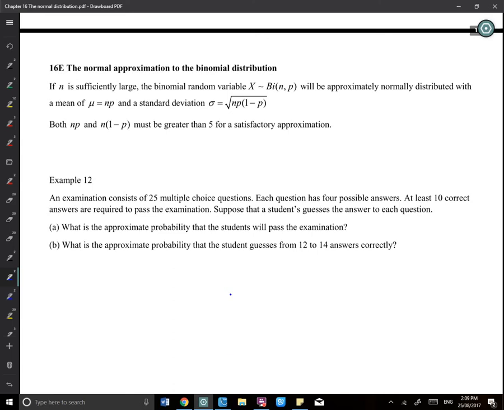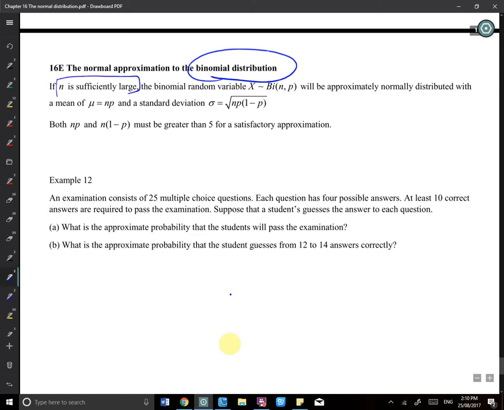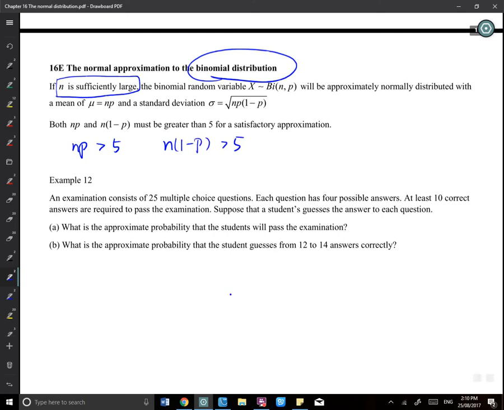So this is the binomial distribution. For a binomial distribution, if n is sufficiently large, you may ask me, how large is sufficiently large? The test is here: np is greater than 5 and n(1 minus p) is greater than 5 as well. In this case, we treat it as large enough.